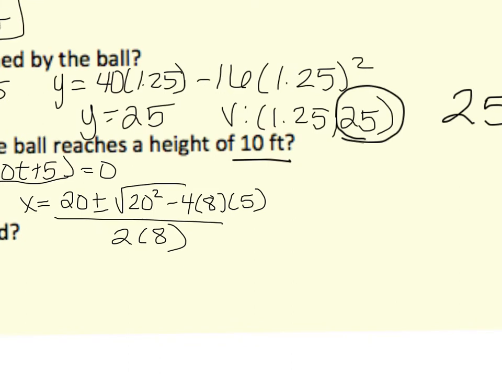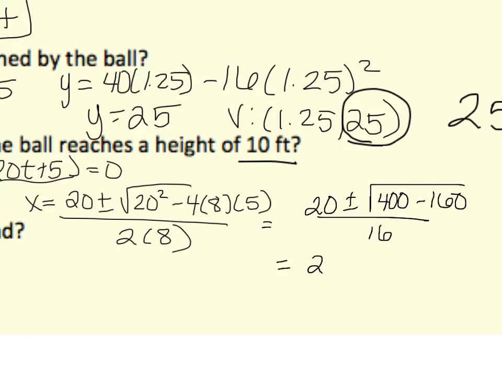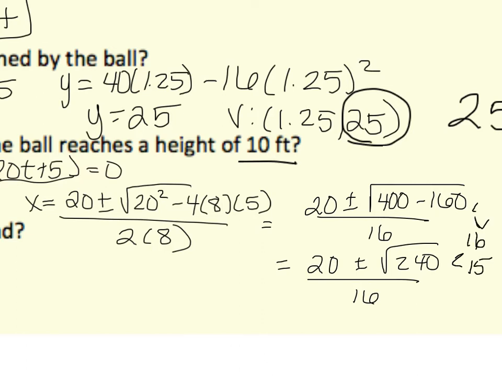So simplifying, we're going to get 20 plus or minus the square root of 400 minus 160, over 16. 240 can be broken down into 16 and 15, and then 16 into 4 and 4.